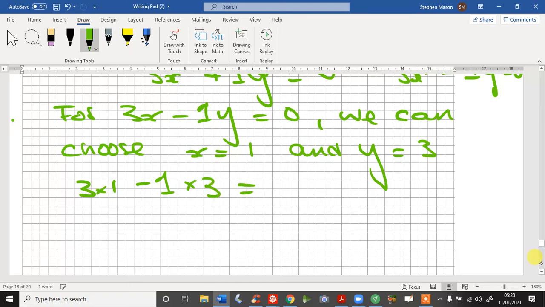And what's that equal to? Well, that's 3 minus 3 equals 0.